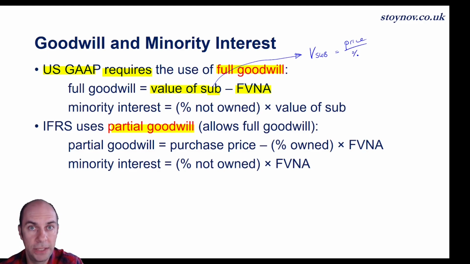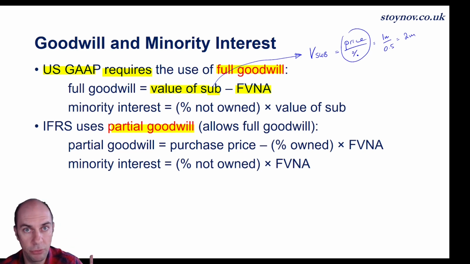Let's say you paid 1 million to acquire 50%. Well, then you would say 1 million divided by 50% should give me a value of the sub of 2 million. Now, is this true? If the value of the sub is 2 million and you paid 1 million, well, then you acquired 50% of the sub. So that formula is completely true.